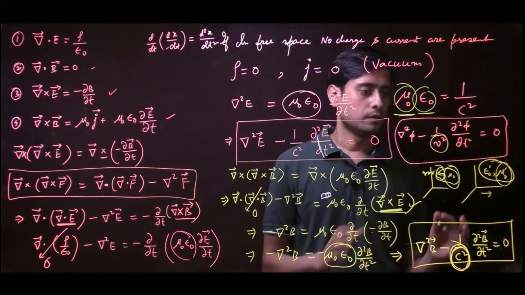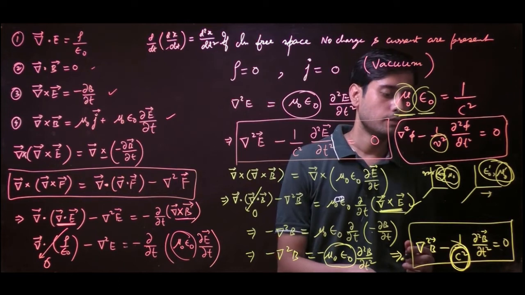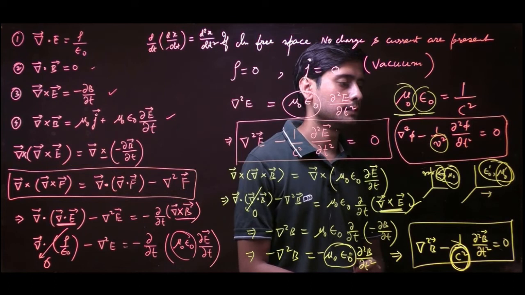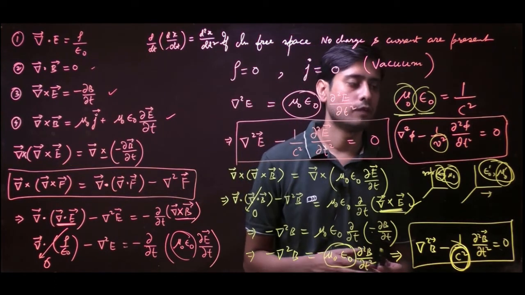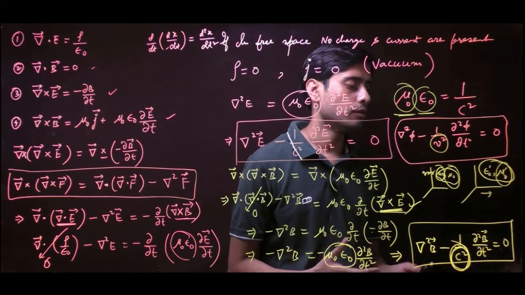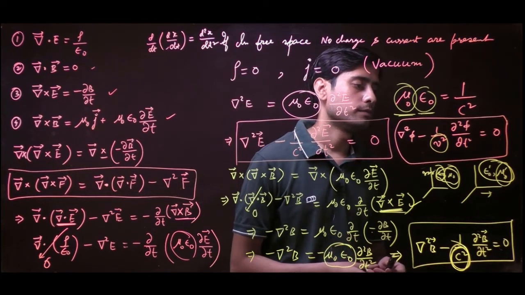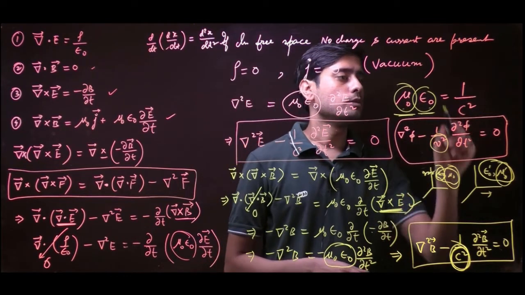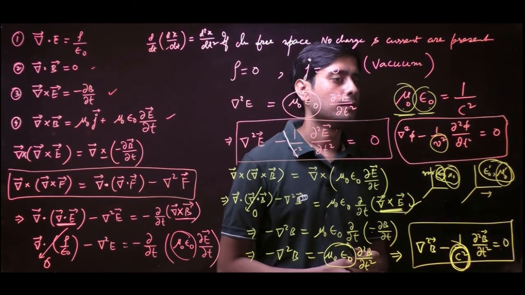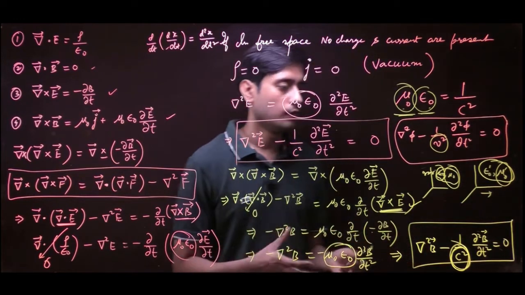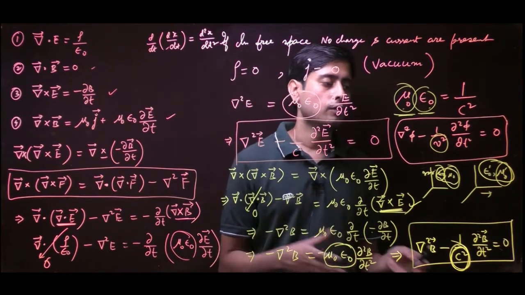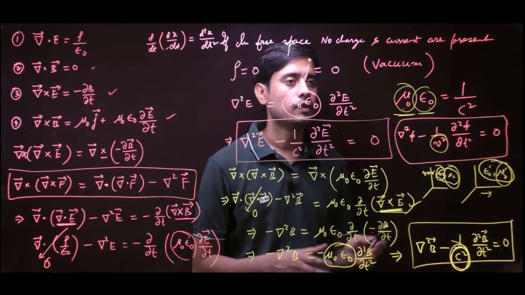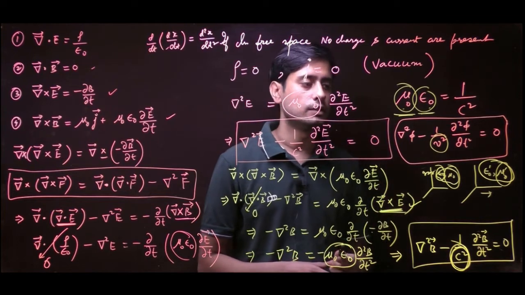So when you observe this closely, you find that mu naught and epsilon naught are the properties of space, empty space or vacuum, and they don't depend on how an observer is moving. Because their product gives you the velocity of light, whether you are moving or at rest, you will measure that a beam of light always moves with the same velocity.